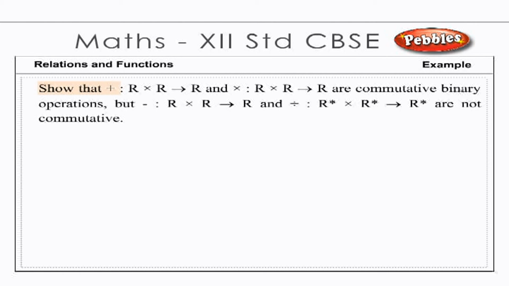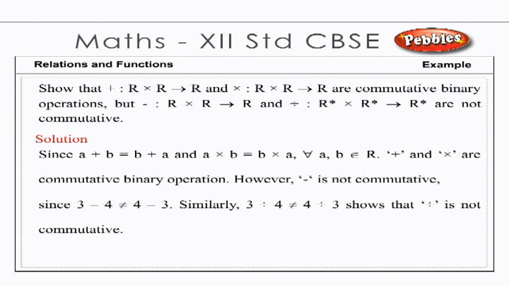Show that addition, R cross R to R, and multiplication, R cross R to R, are commutative binary operations, but subtraction, R cross R to R, and division, R* cross R* to R*, are not commutative. Solution.